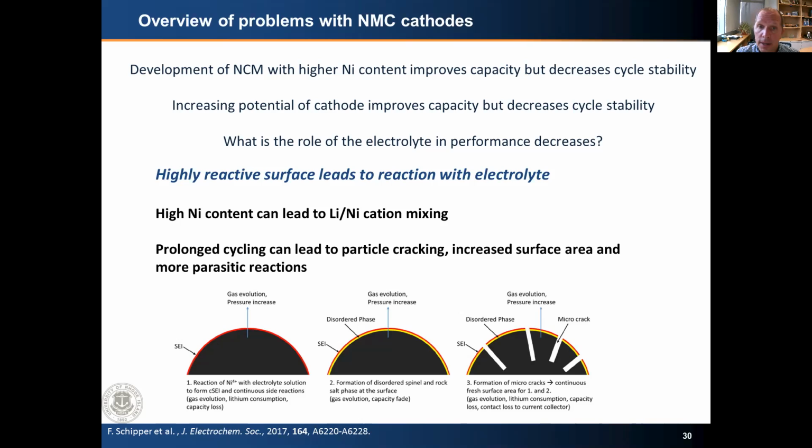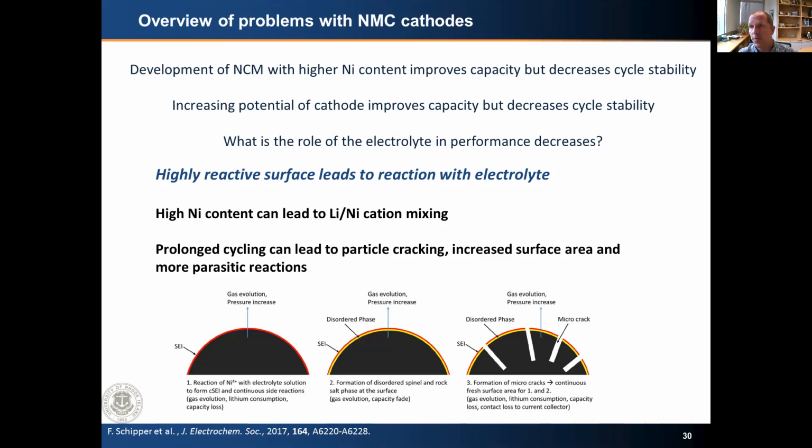When you go to higher nickel content NMCs, the increase in nickel content also tends to lead to an increase in negative reactions with the electrolyte, decomposition of the electrolyte and poor cycling performance. So both of the things that are of significant interest to the battery community right now, shifting towards NMC materials with higher nickel content and cycling the NMC materials to higher potential, are problematic in terms of their reactions with the electrolyte.